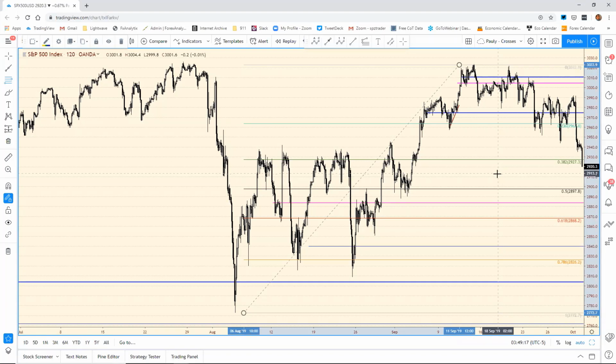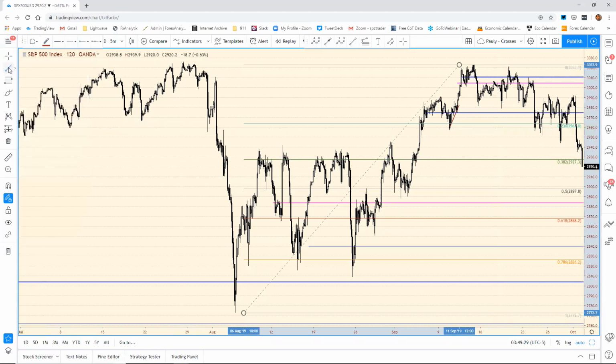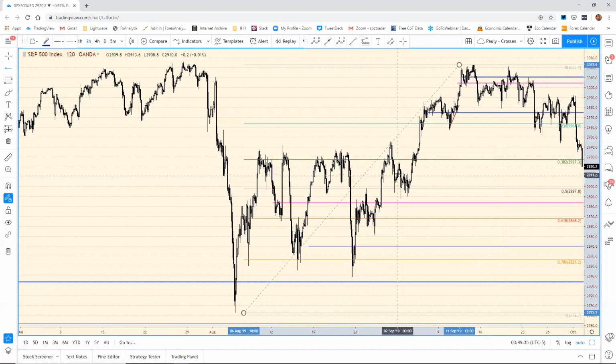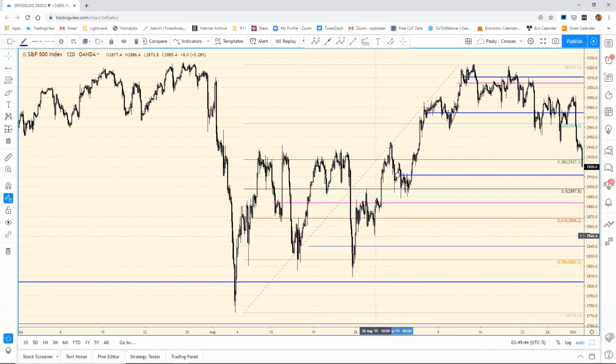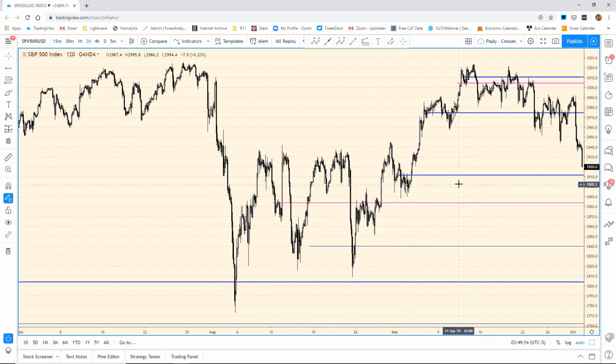Maybe you can make the case just a bit, really right there, that 29, and this on the cash, 29.12. And a very good cluster coming in there at 29.03.